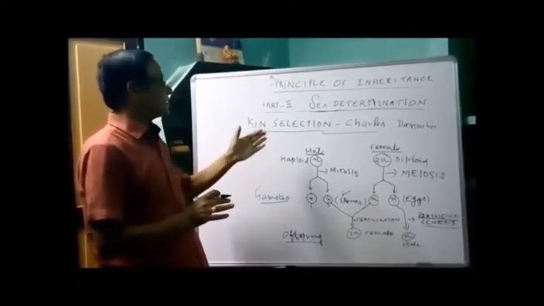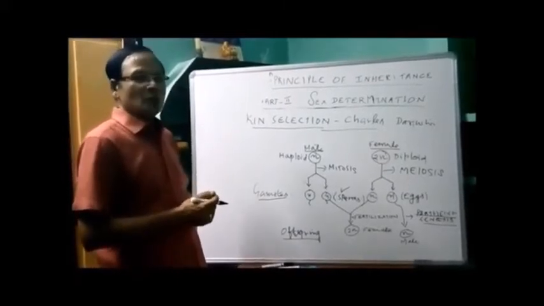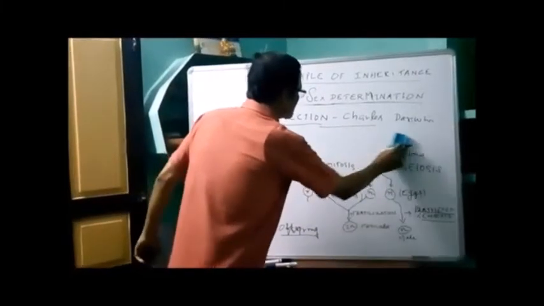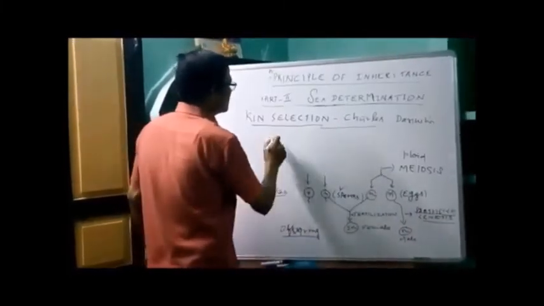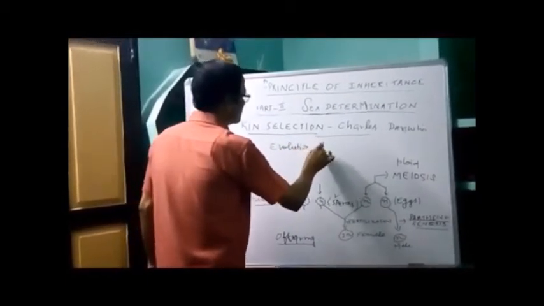This concept is called kin selection. Normally, kin selection is responsible for the evolution of sociality.